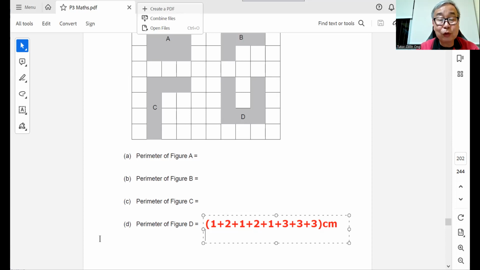You get a grand total of 16 cm. Yeah. So with practice, you get better. So not to worry. So I will clear this.